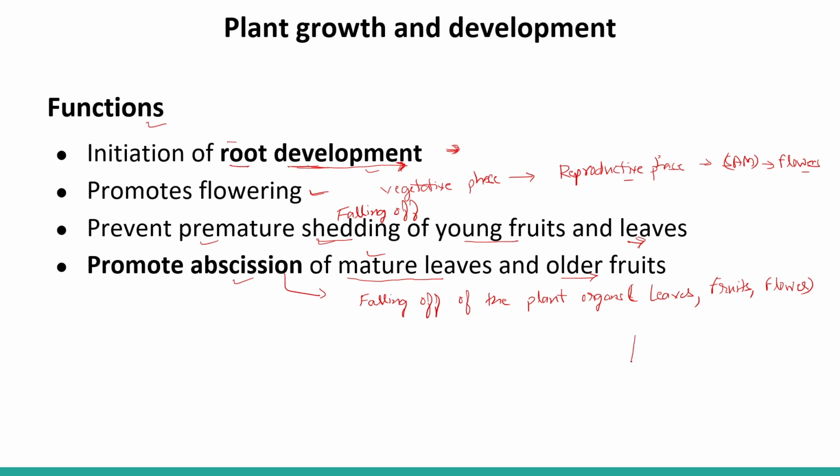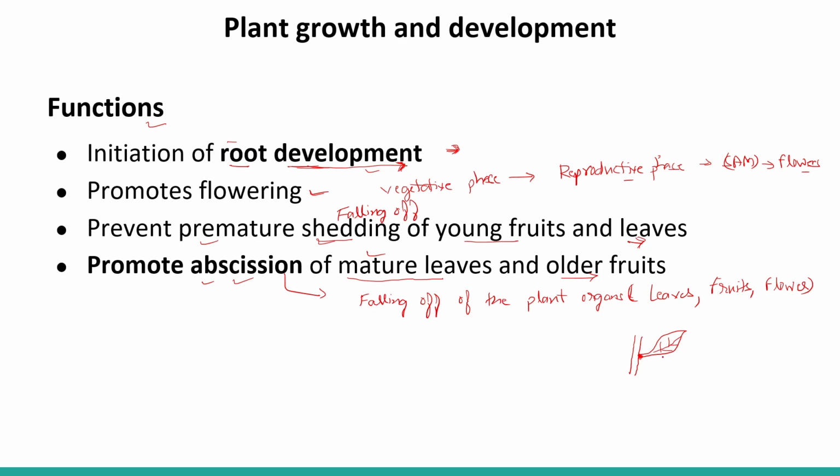Let me explain abscission a little bit. If this is a leaf attached to the stem, an abscission layer is formed here, in this region. And why is the abscission layer formed? A lot of hormones are involved. The major hormone is auxin; cytokinin and ethylene are also involved, but the major one is auxin.